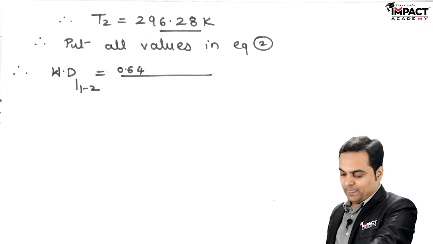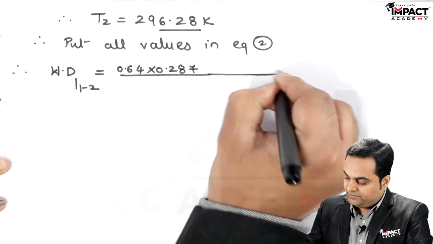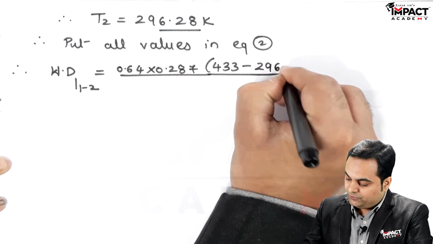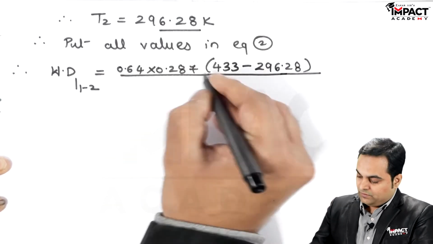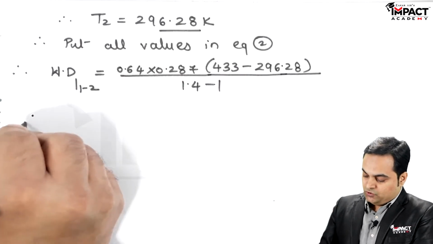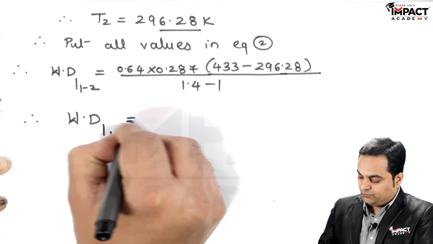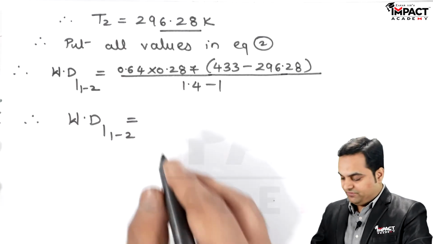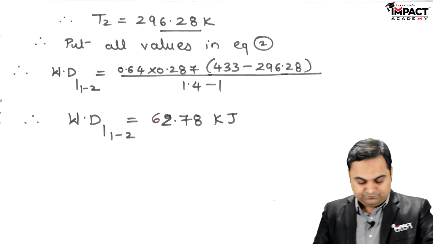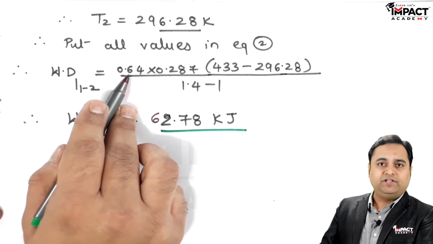So R is 0.287, then T1, which is 433, minus T2, 296.28, divided by gamma, which is 1.4, minus 1. Hence the work done during process 1 to 2 comes out to be 62.78 kilojoule. And why is it in terms of kilojoule? Because the mass is not 1 kg.